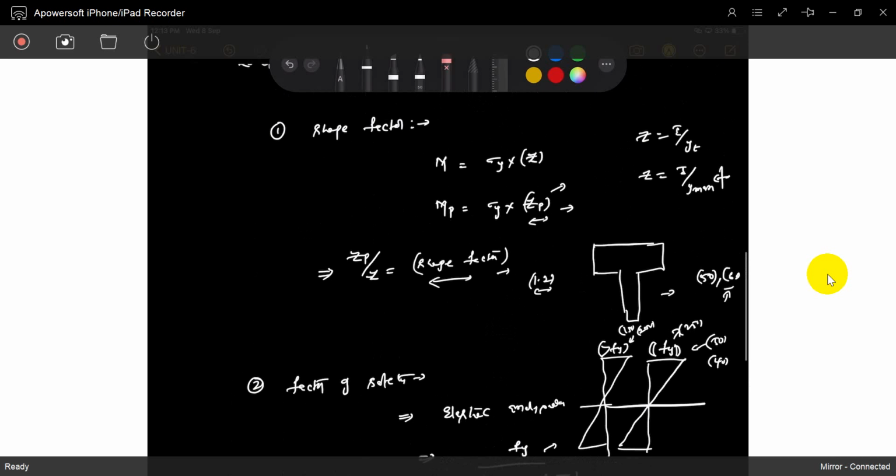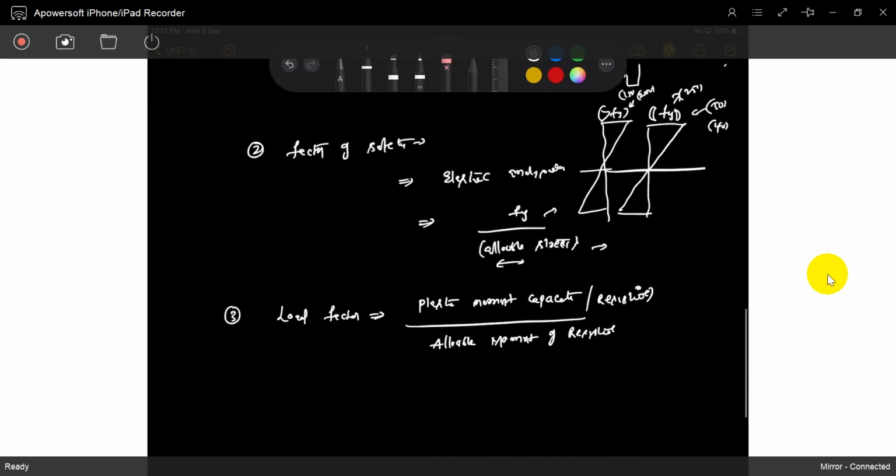The shape factor is the plastic section modulus divided by the elastic section modulus. But the load factor is the plastic moment capacity divided only by the allowable moment of resistance. Allowable means allowable stress, no? We can call it Fa.